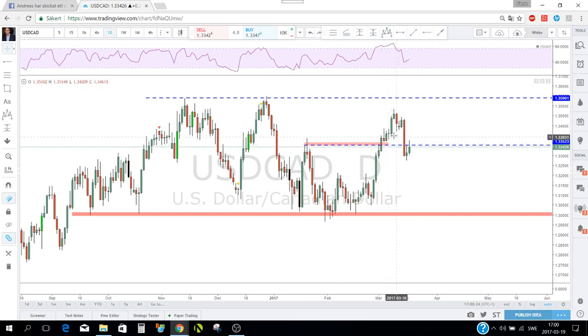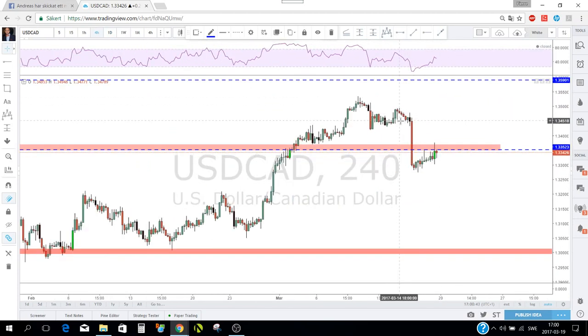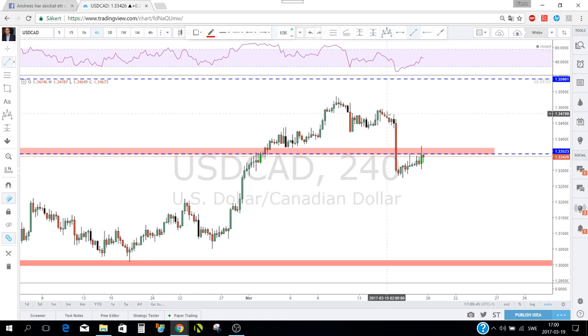So for now we did break this structure again, and we did a retest, and there is a possibility to look for how price will react from this level. And what you should be looking at is this very good looking bearish flag here.